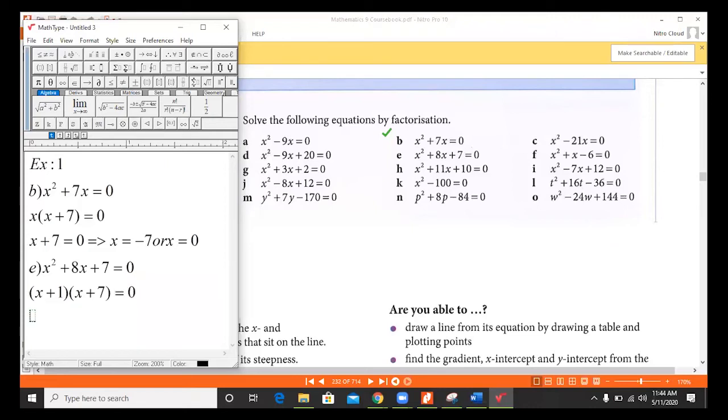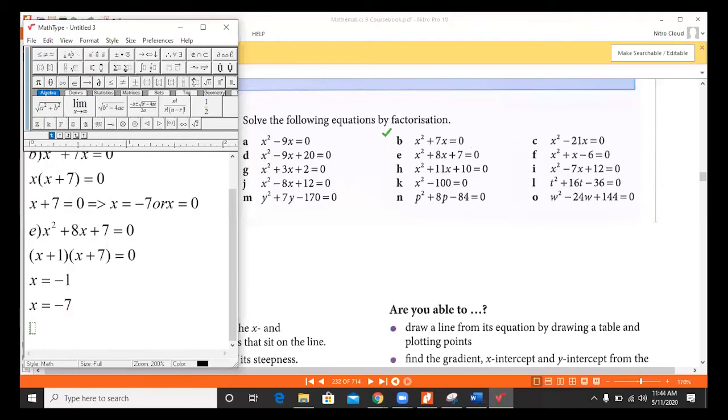So either x plus 1 is equal to 0, so x is minus 1. We have 2 solutions, x equal to minus 1 and x equal to minus 7. Correct. Thank you, Arsen.